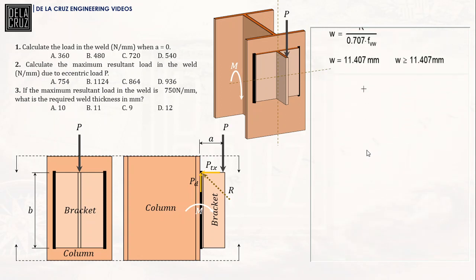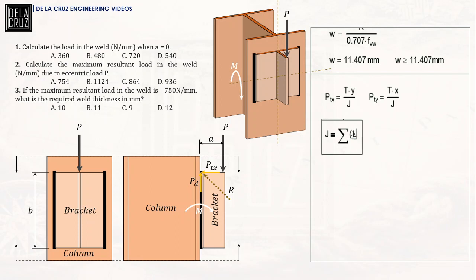If you try to remember, may formula tayo ng PTX is equivalent to TY over J. Pag tinignan nyo yung sa formula book natin or sa mga reviewers, meron ding PTY equivalent to T, torsion, X over J. No? Pwede yan, no? But we'll come up to the same.